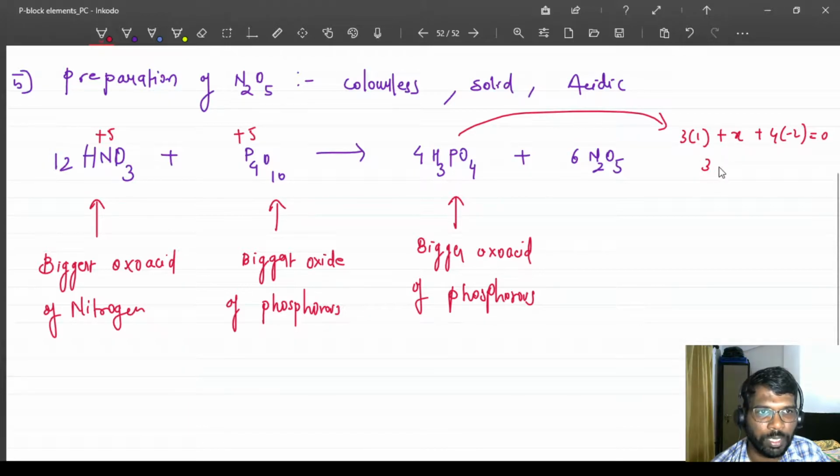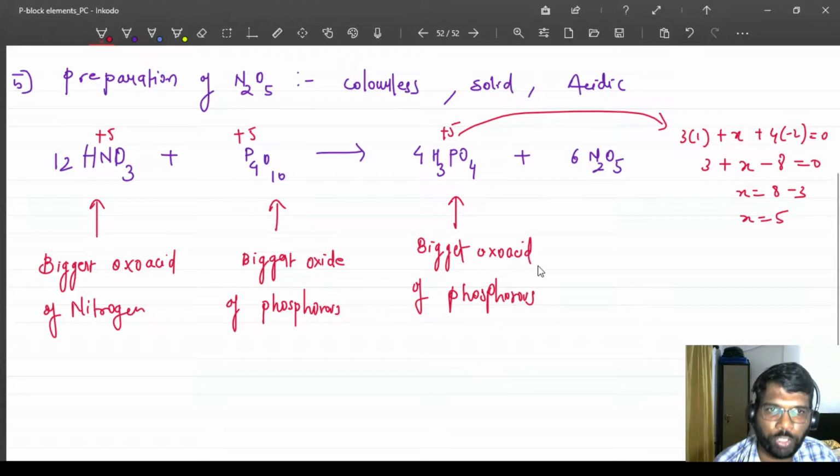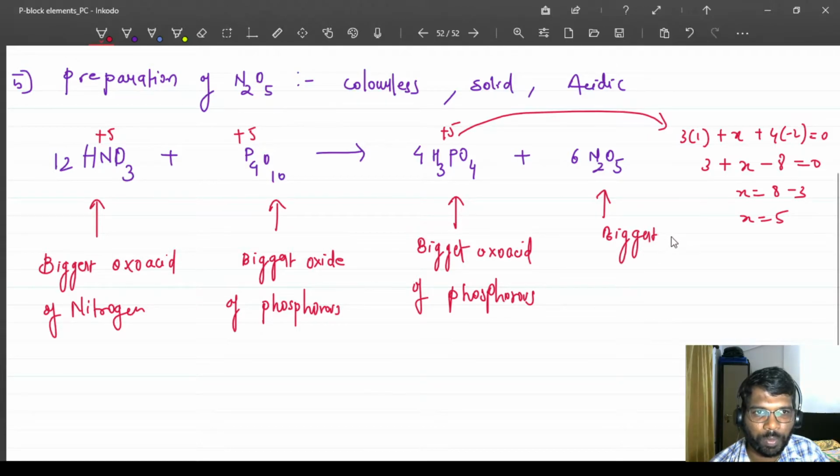So 3 plus x minus 8 is equal to 0. x is equal to 8 minus 3, so x is equal to 5. So the oxidation state of phosphorus over here is again 5. So it is the biggest oxo acid of phosphorus. And this is the biggest oxide of nitrogen, and here the oxidation state of nitrogen is plus 5.